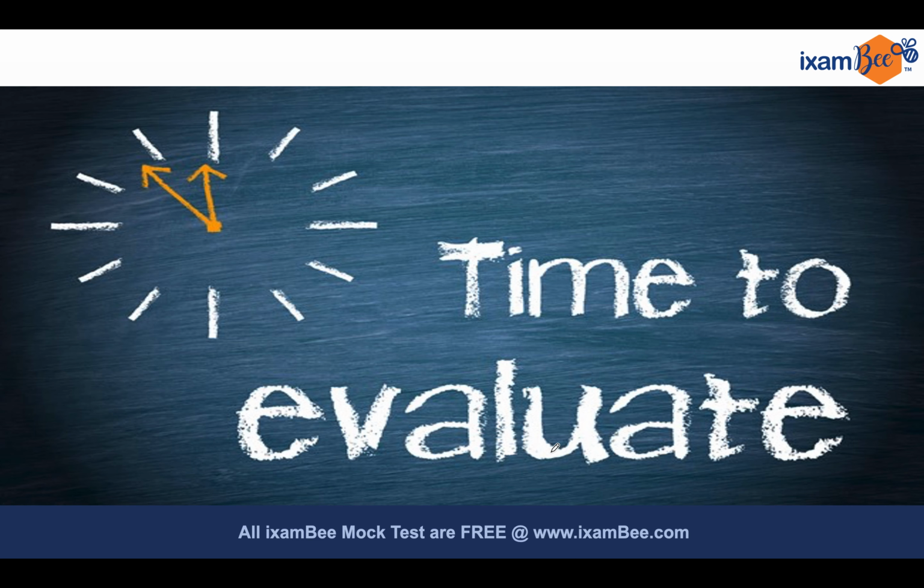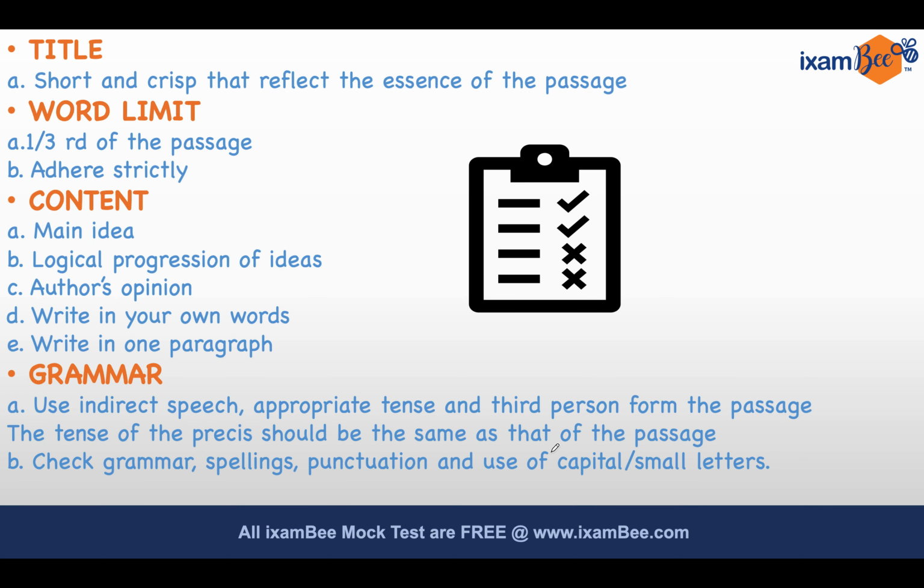Now, let's move on. And if you remember our agenda, I said that we would be talking about evaluation. So, when we evaluate your précis, or when your examiner is looking at your précis, what are the different things that he is looking out for? Right? Let's take a look at that. So, the first thing is the title.